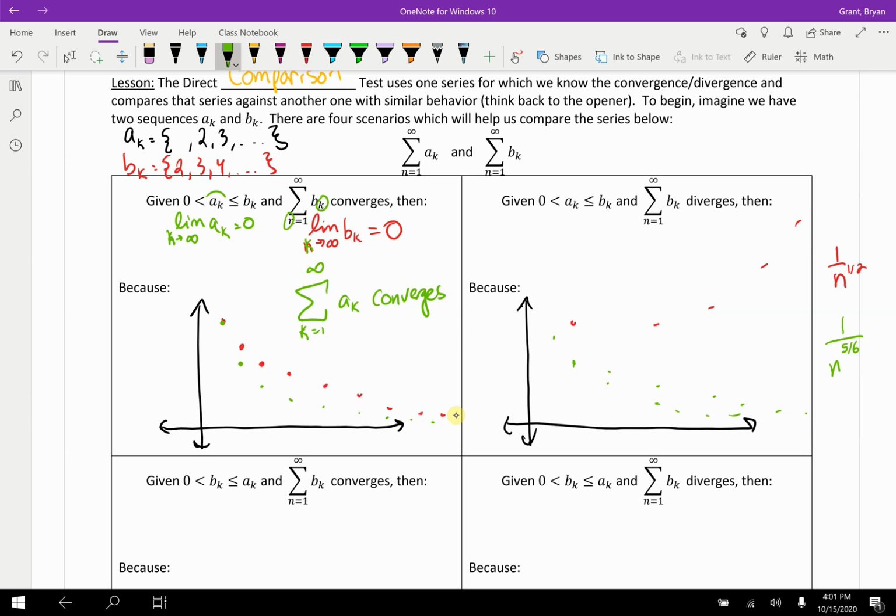So in this case, we would say we can't determine the convergence of the summation from k equals 1 to infinity of a sub k. So in one way we can, but with a different situation we can't. And that's going to happen the same way down below.